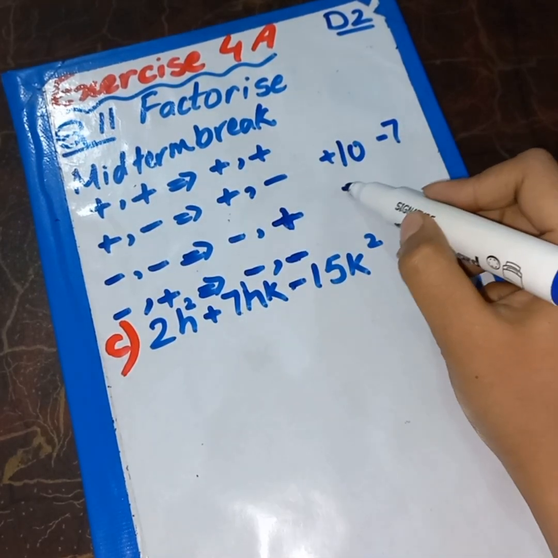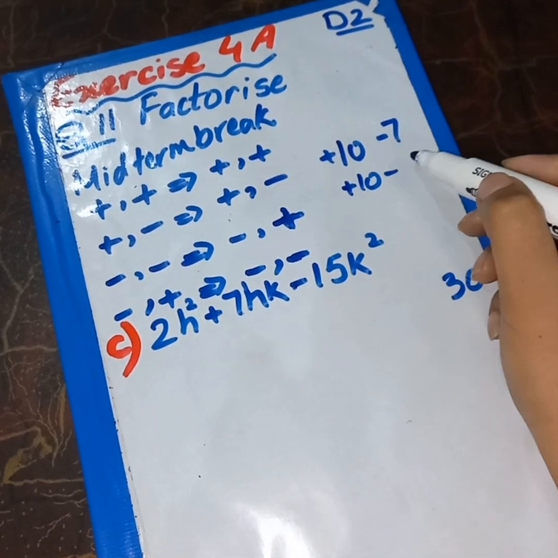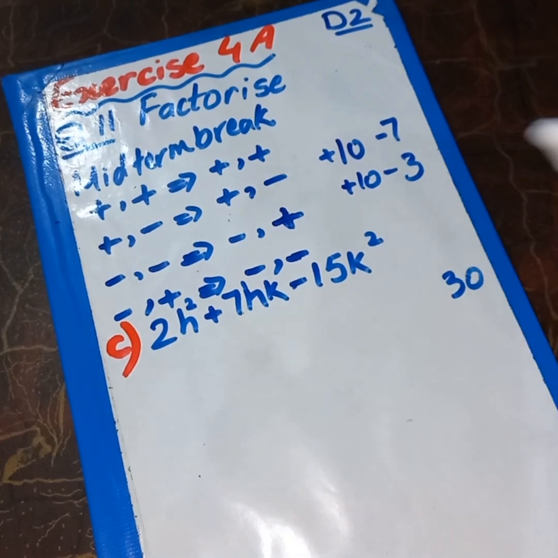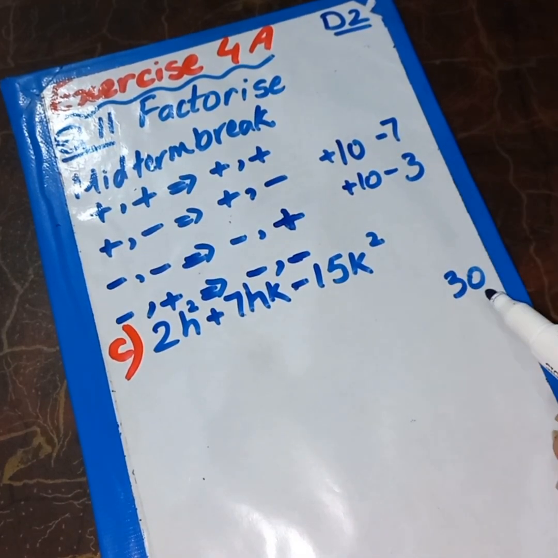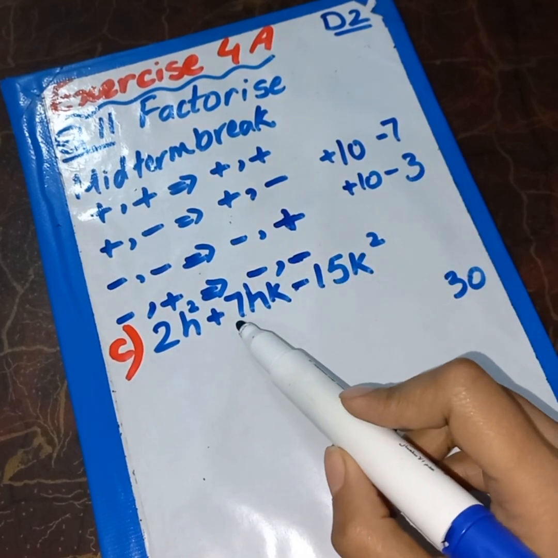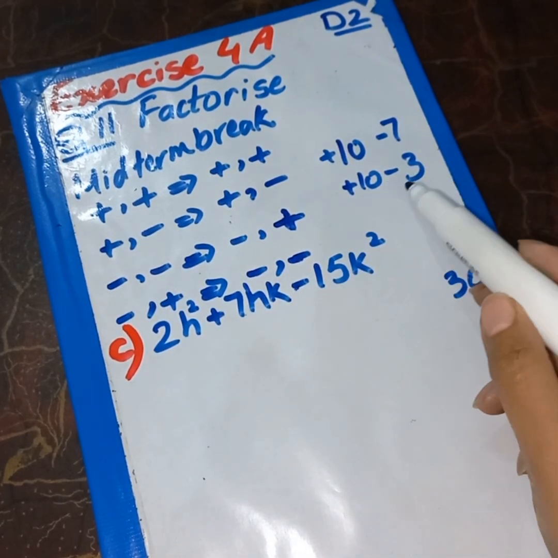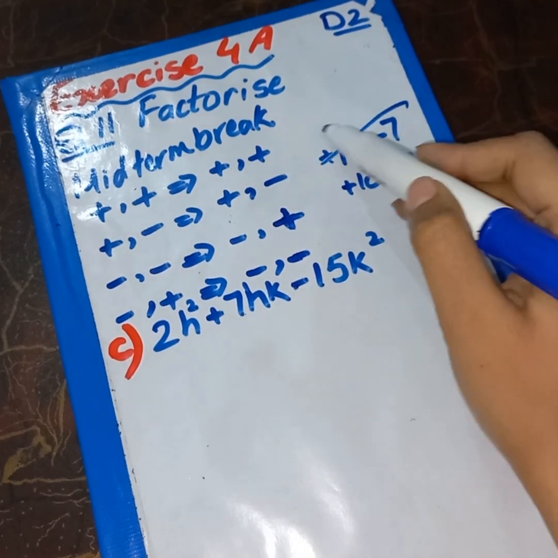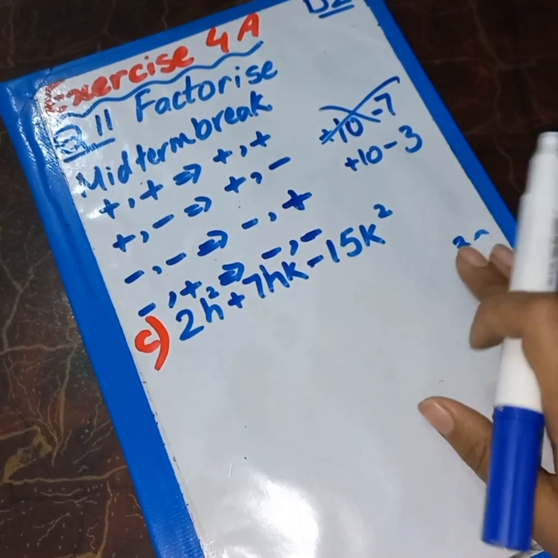So in other words, plus 10 and minus 3 will give 30 after multiplication, and plus 10 and minus 3 will give you plus 7 after subtraction. So this pair is more appropriate than this one. This is not correct.